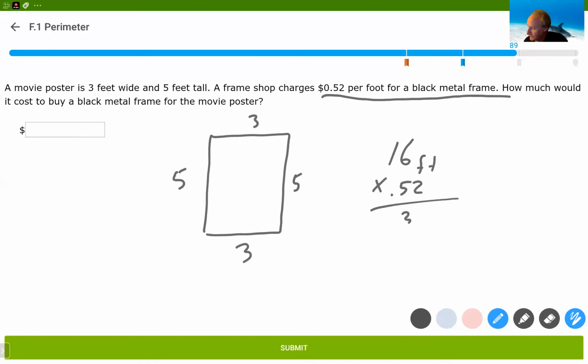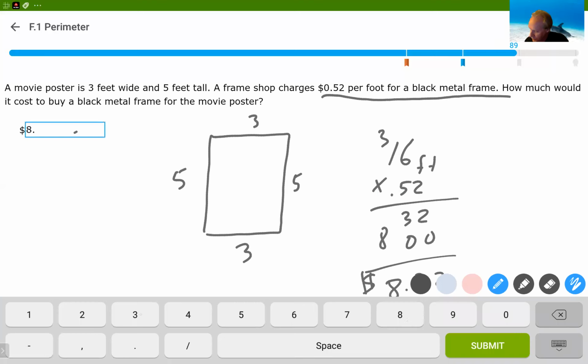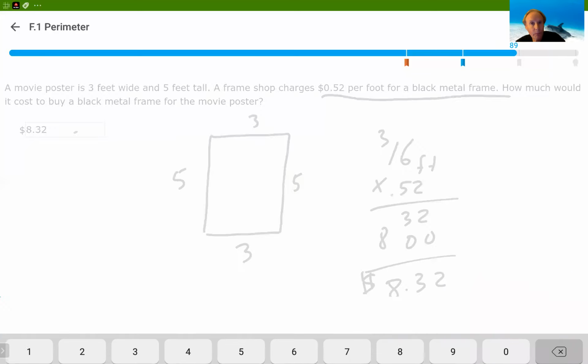That's 2 times 6 is 12, 32. Carry the 0. We have a 0 and a 3 and an 8. So it's going to be $8.32 to put the frame around, which is pretty accurate. That's about how much it costs for those little small black frames. It's pretty expensive.